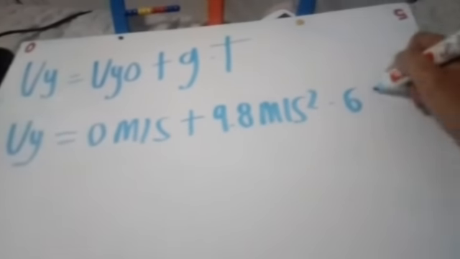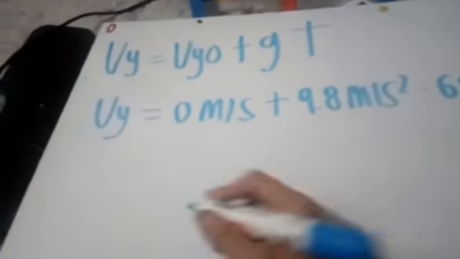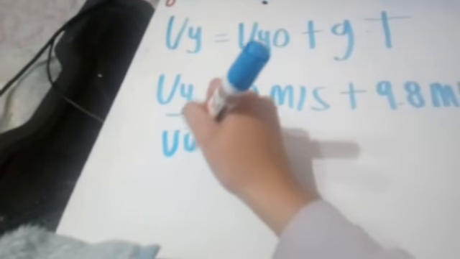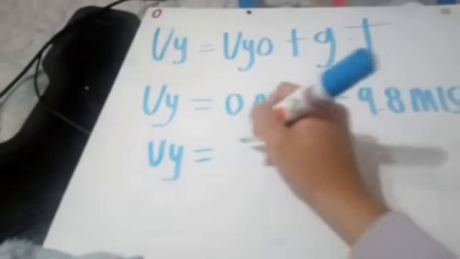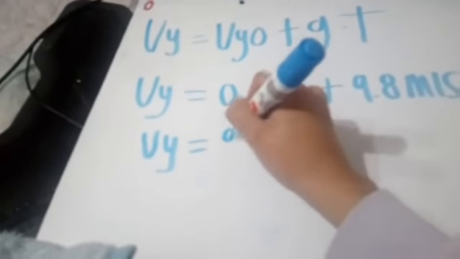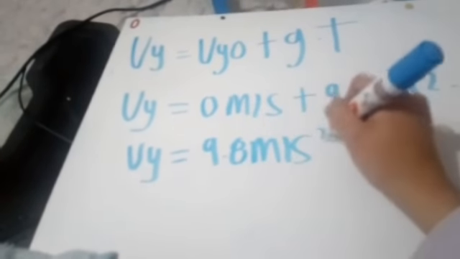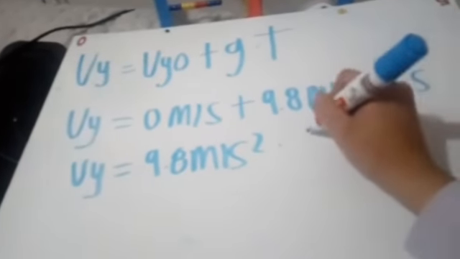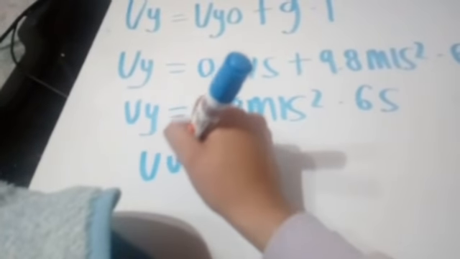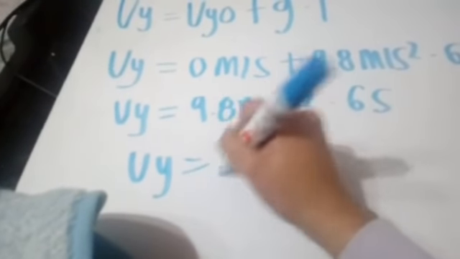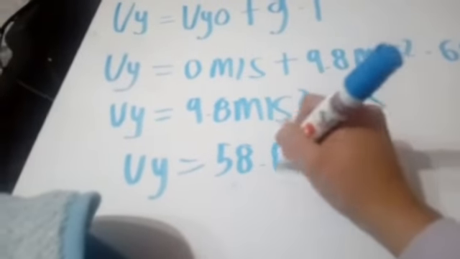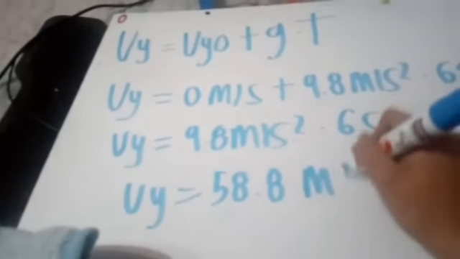So the final speed is equal to the gravity, that is 9.8 meters per second squared, multiplied by the time, that is 6 seconds, and that is 58.8 meters per second.